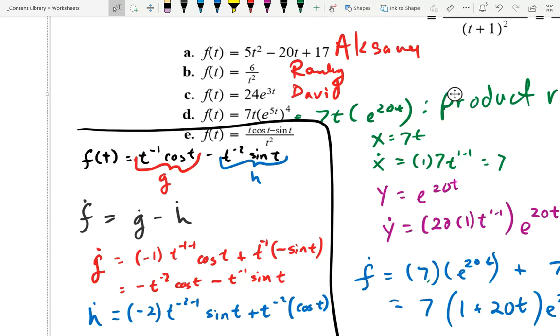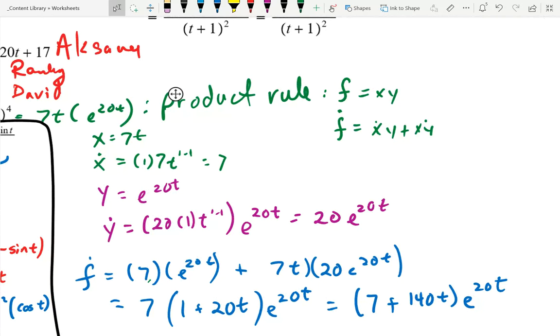The product rule is the derivative of the first times the second, plus the first times the derivative of the second. So I'm using this rule. I've never had to add the derivative of using the product rule. Am I thinking of the right one? You know the product rule, right?